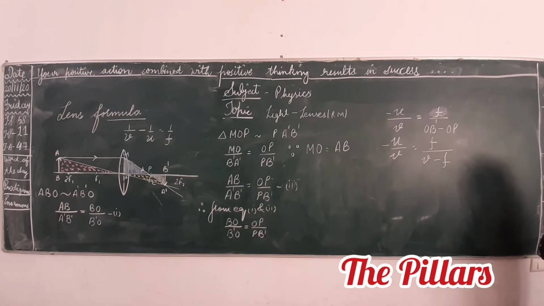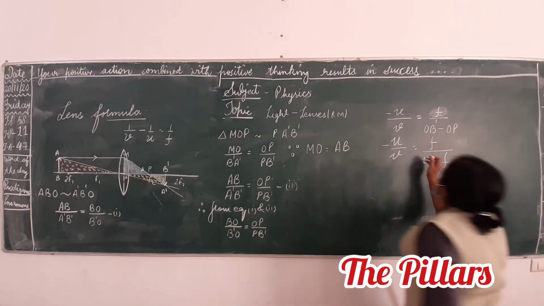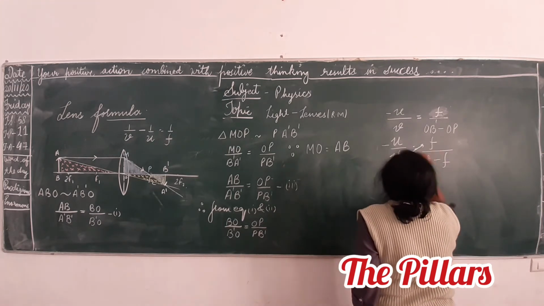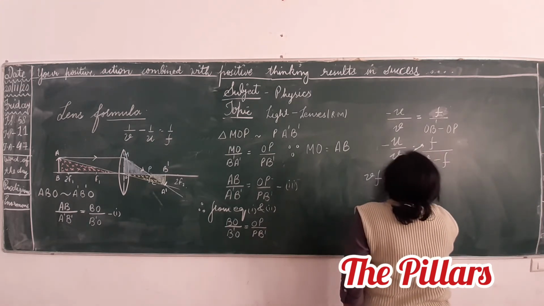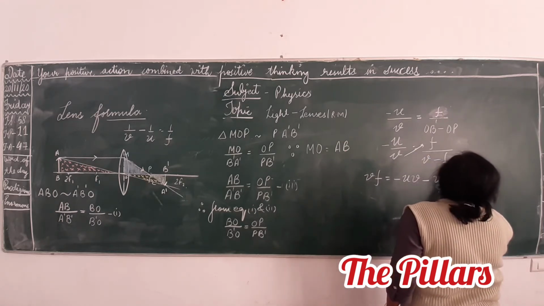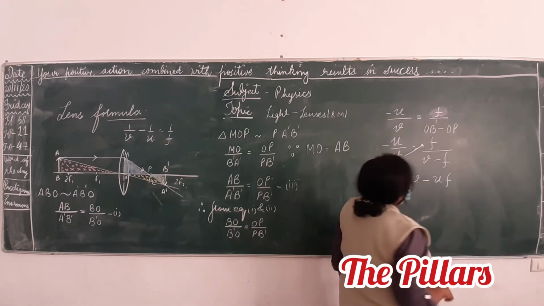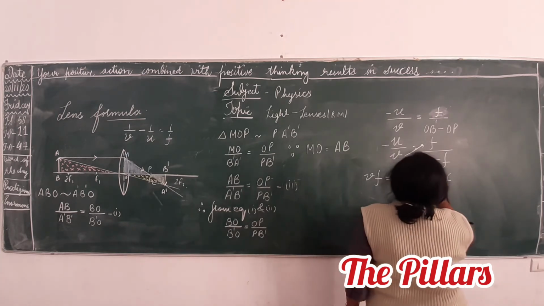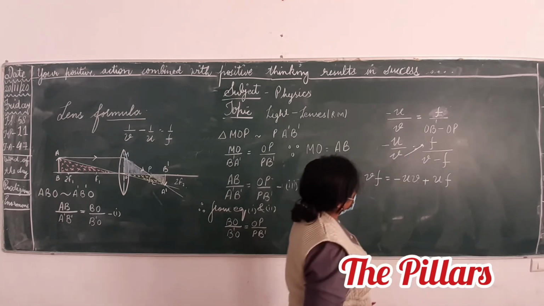Okay? Cross multiply. Cross multiply, what will you get? I am multiplying this VF. Minus V square plus VF, VF is equal to minus UV and minus UF. Where did you get V square, my dear?